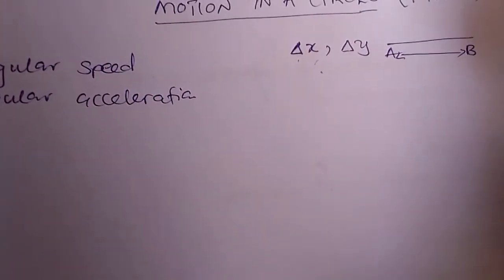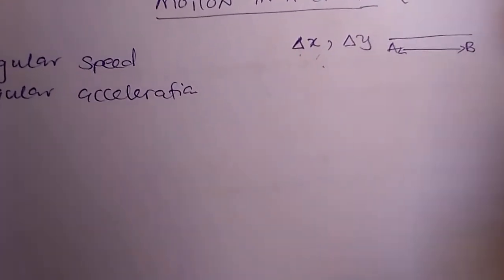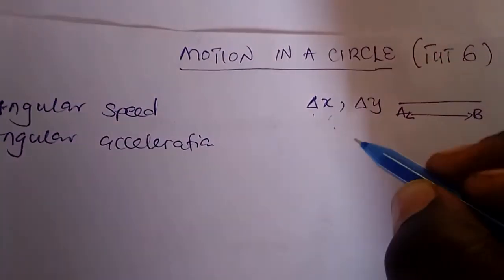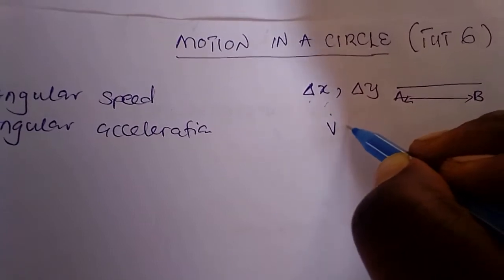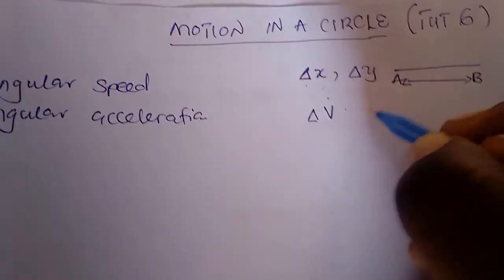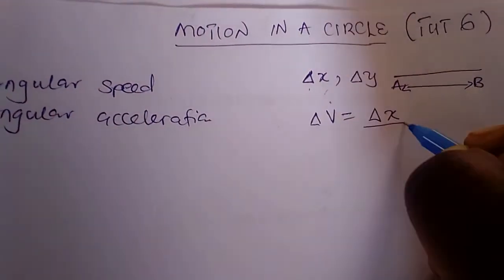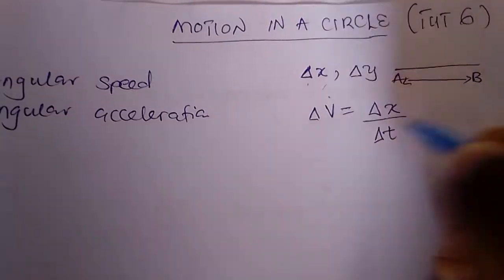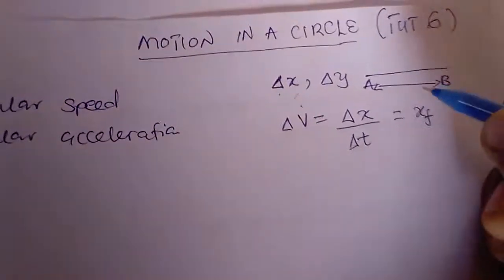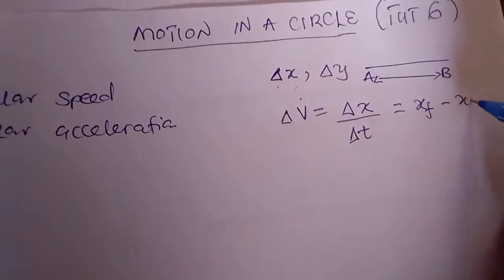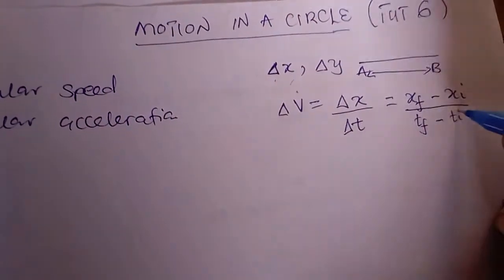After displacement, we talked about the change of displacement with reference to time, and that's what we called velocity: x final, if we are talking about motion in the x-axis, minus x initial, divided by the time final minus the time initial.